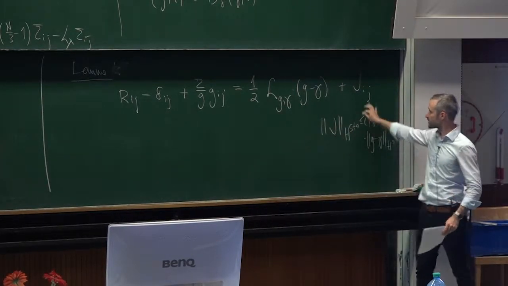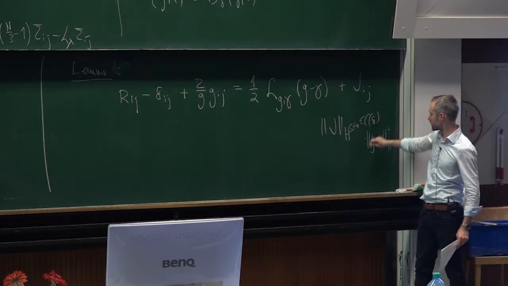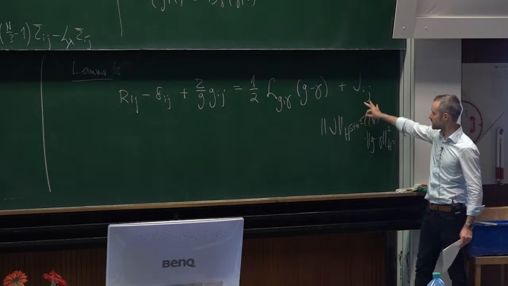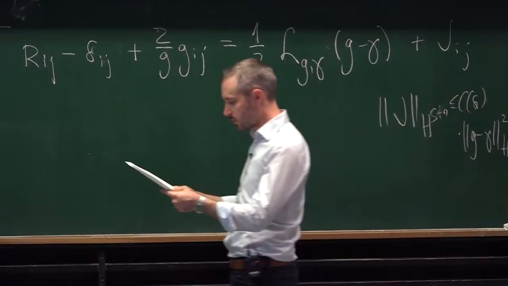So this is, again, small. You can bound it by a square. That's very nice: a constant times the square of the norm. You don't have to worry about this. So this is the principal term of this decomposition.